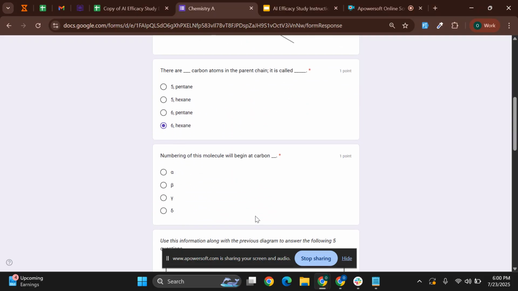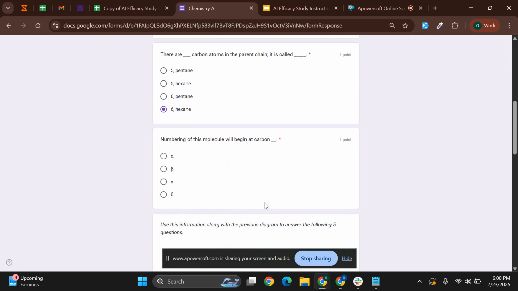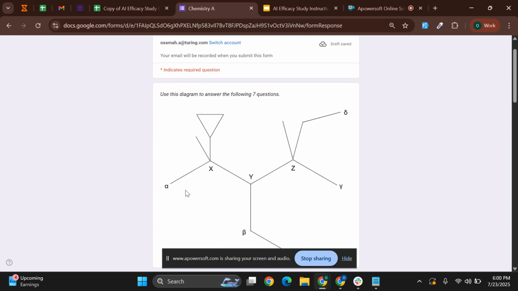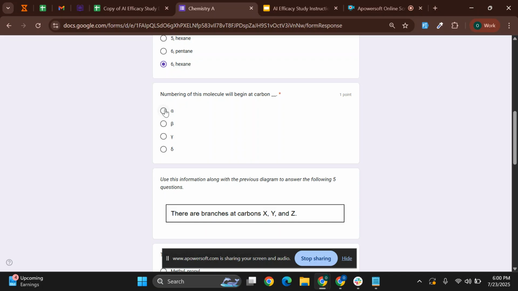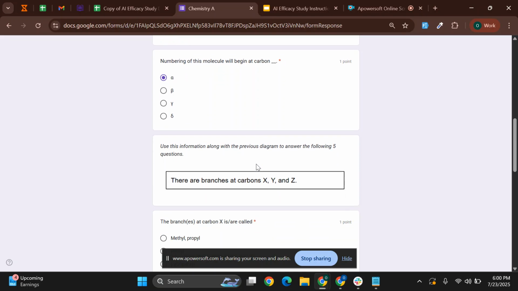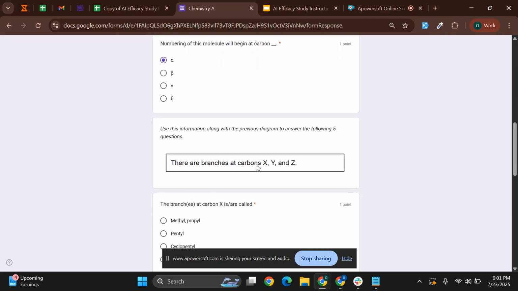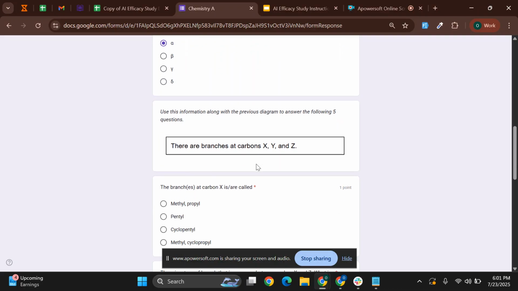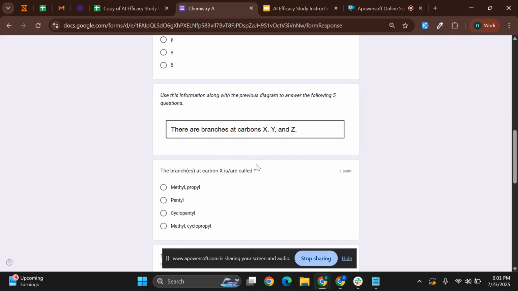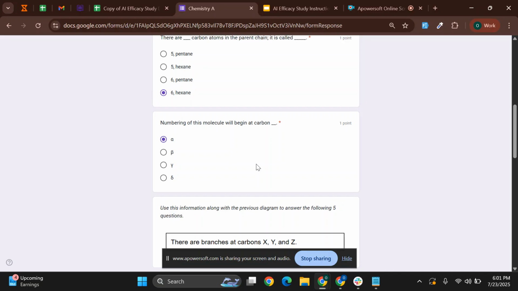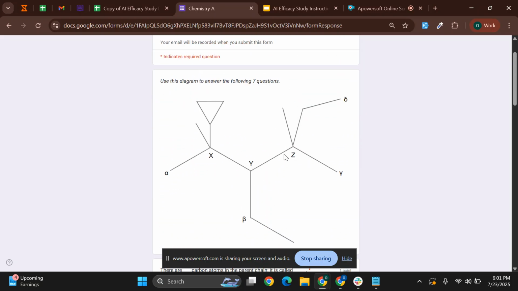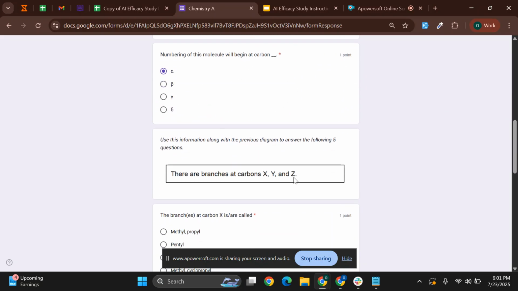Numbering of the molecule will begin at carbon. Numbering of the molecule at, I guess, carbon alpha. So go with it. Use this information along with the previous diagram to answer the following five questions. There are branches at carbons X, Y, and Z. Okay, XYZ has branches.